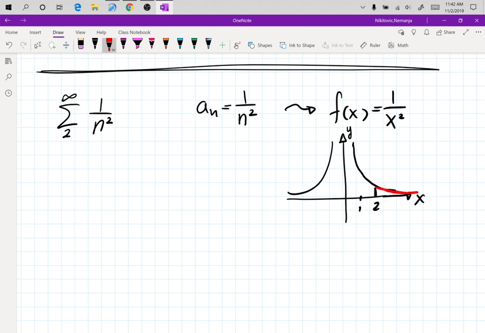If the integral converges, then your series converges. If your integral diverges, then your series diverges. That's what it means. So the integral diverged, and because the integral diverged, your series diverges. So if you find convergence, you get one.